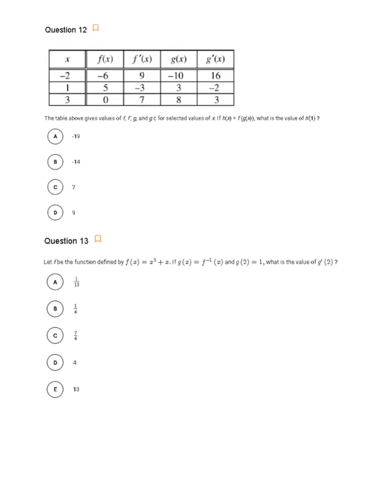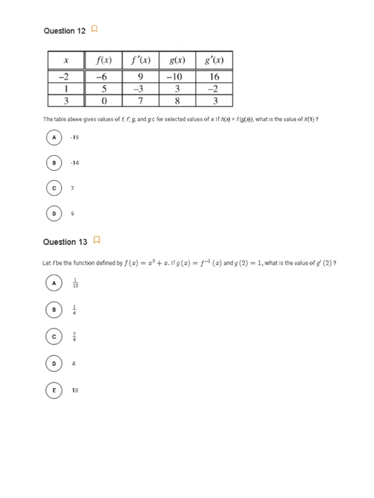All right, so number 12, we have a table, and we want to know h prime of 1. A little difficult to read this. So h prime of x is f prime, leave the inner function in, and then get the derivative of the inner function. So this is a chain rule problem. So h prime at 1 is f prime of g of 1.